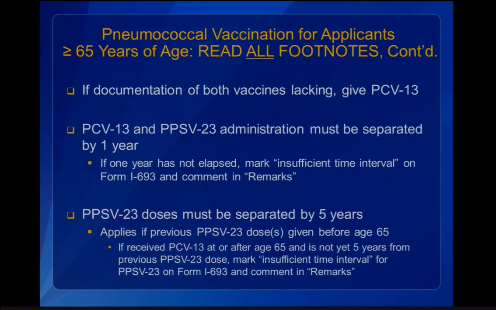You can't give that either. But you would just mark down insufficient time interval for the polysaccharide vaccine on Form I-693, and then in remarks, comments. And I know this may be something that you have to think about for a while, unless you are just very used to doing this. And if you are, I'm sorry that I'm repeating it.